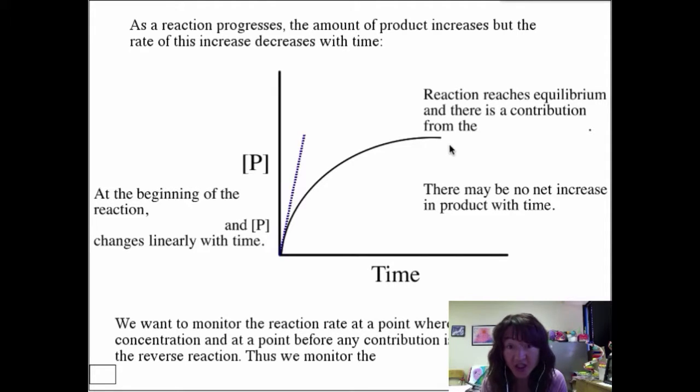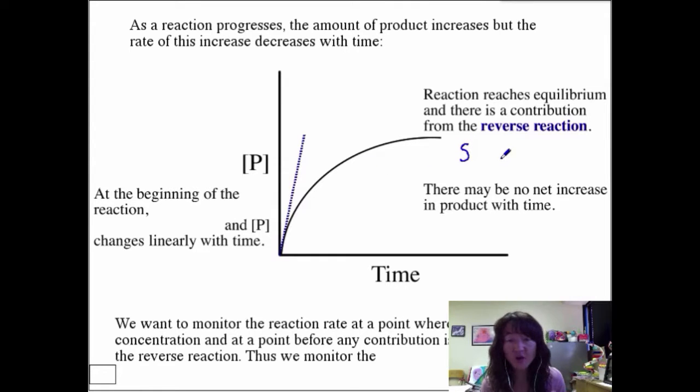Equilibrium is reached. Let's start out here on this asymptote where the function flattens, and we're now seeing that the increase in product over time is static at this time. So what happens when the reaction reaches equilibrium is that there suddenly is a contribution from the reverse reaction. That is, we're no longer just seeing substrate going to product. So I'm going to jot this down.